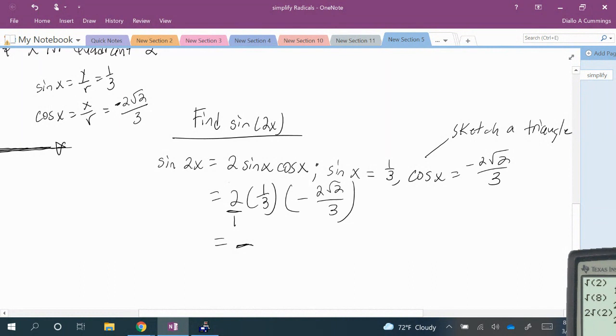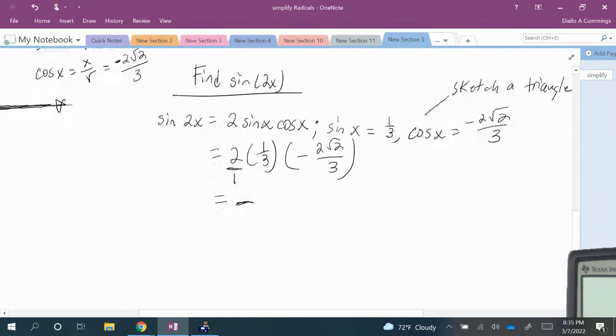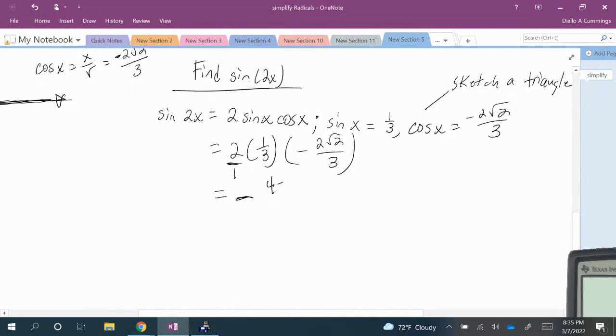If I multiply all my numerators, 2 times 1 is 2, and 2 times 2 square root of 2 is 4 square root of 2. For my denominators, 1 times 3 times 3 is 9. So we have a double number sine value of negative 4 times the square root of 2 over 9.